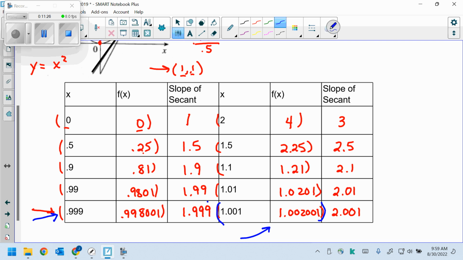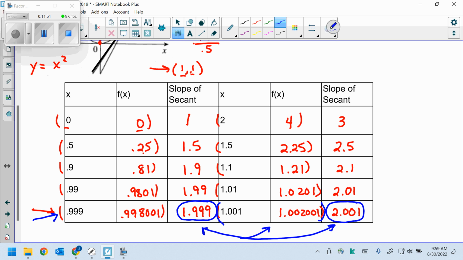And the slope of the secant just prior to 1, 1, 2 points very close to 1, 1 just prior to it, and the slope of the secant just after 1, 1. What does it look like these slopes right here are getting pretty darn close to?